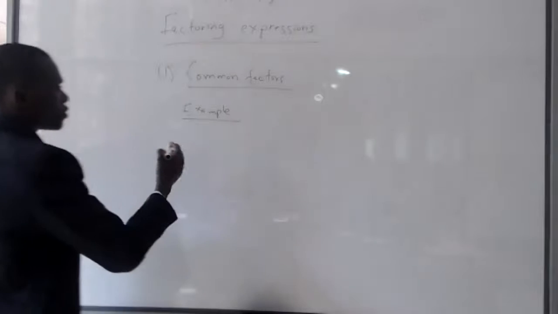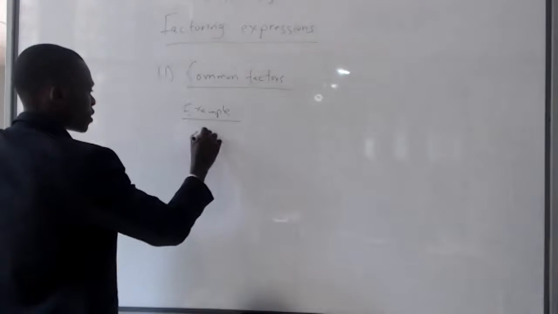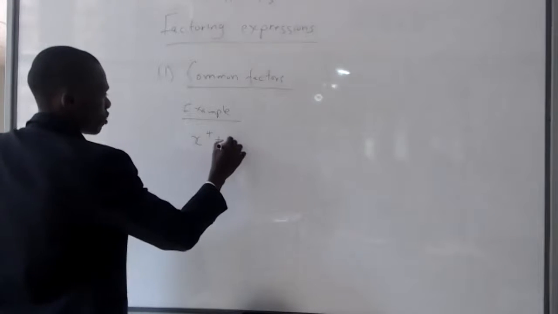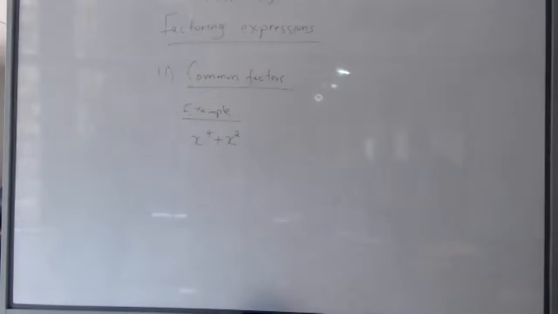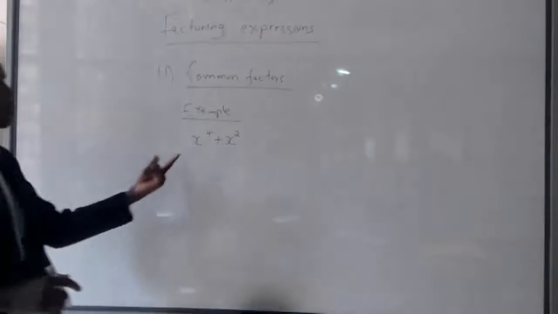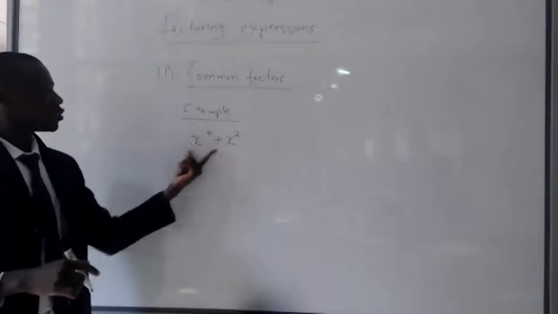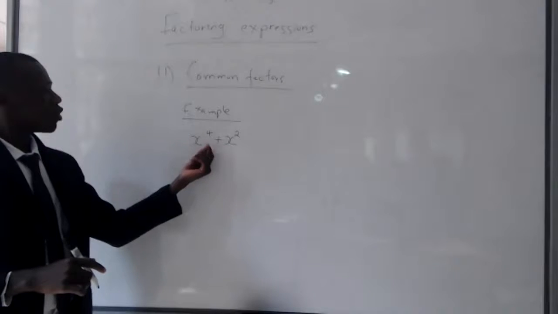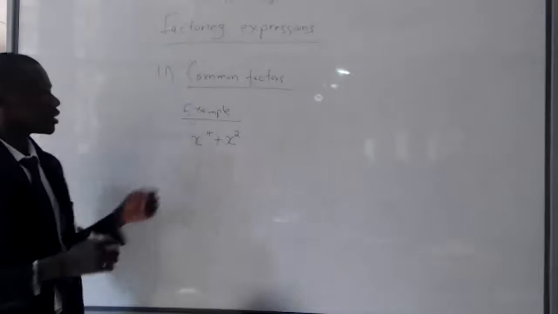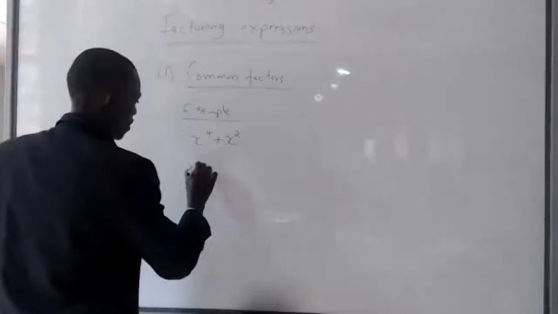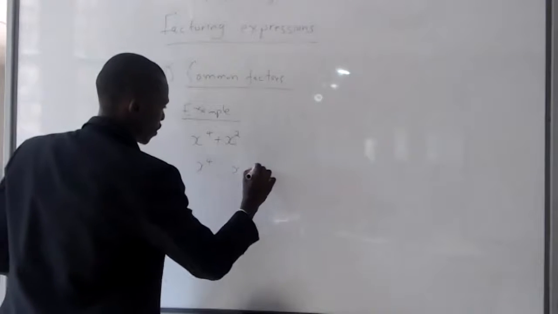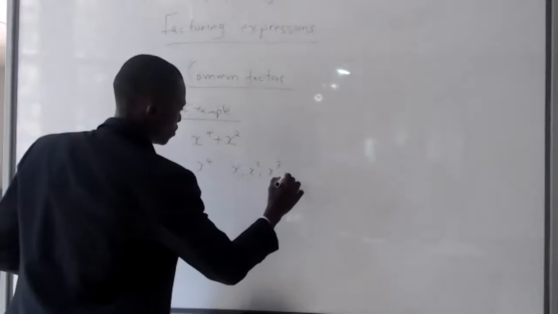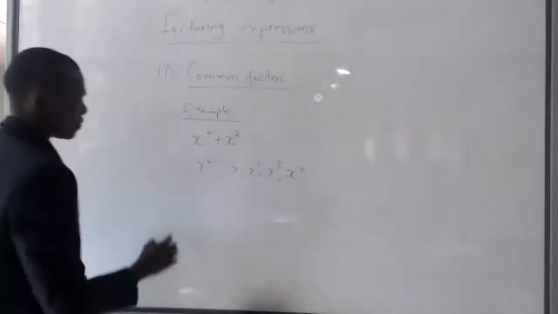let's say you are asked to factorize x to the 4 plus x squared. Identify factors, so which monomials divide each of these terms. For x to the 4, the factors are x, x squared, x cubed, and x to the 4.